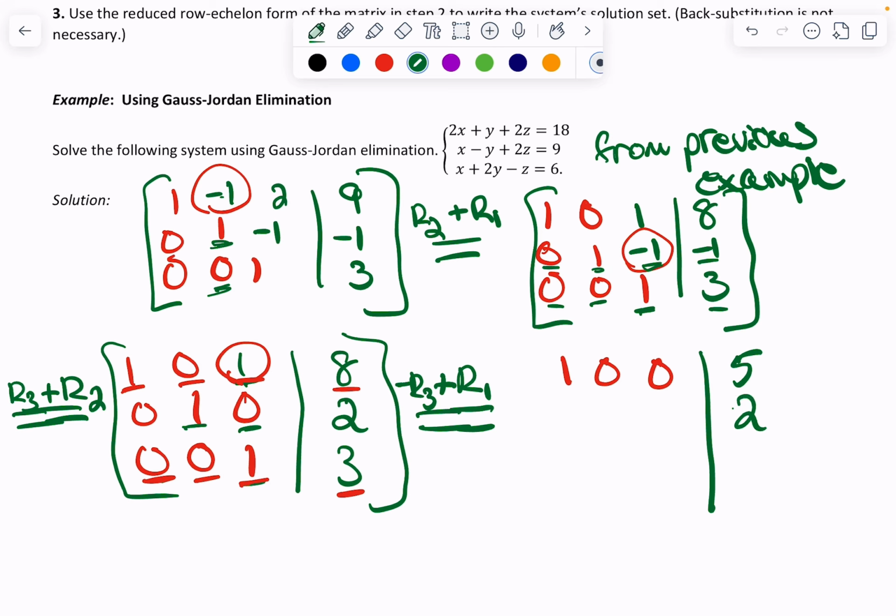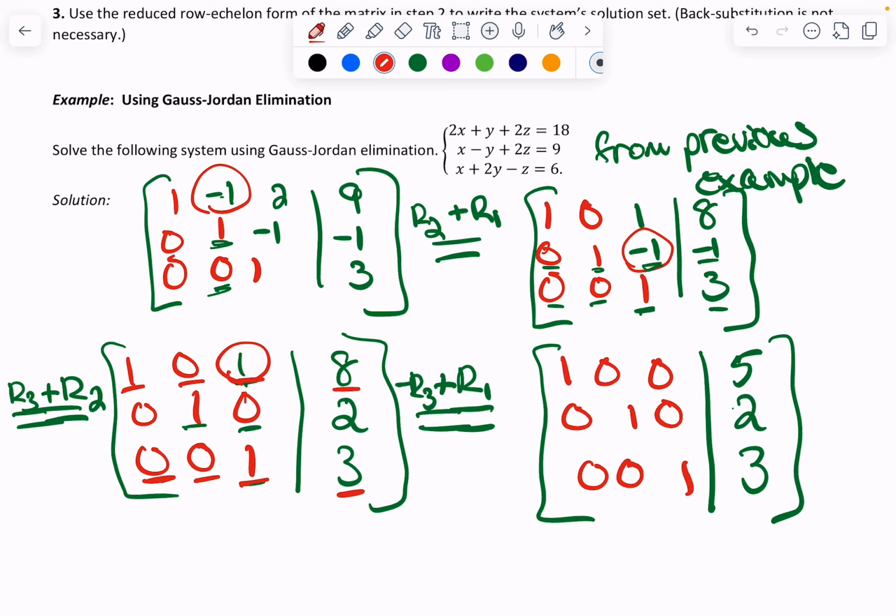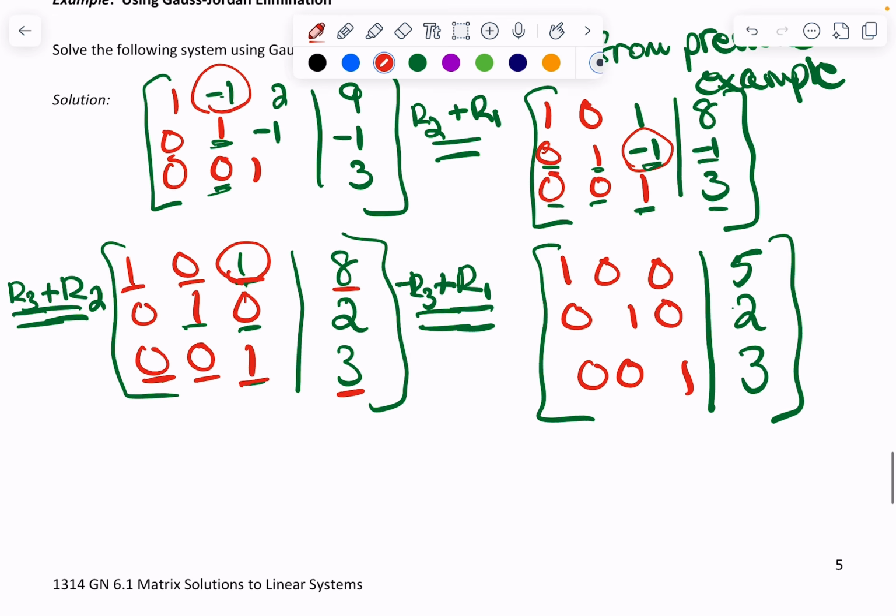Now, all other rows are going to stay as they are. 0, 1, 0, we're not touching them. And now we have what we wanted. We've got ones in the diagonal and zeros under and on top of it. We can rewrite this. This is again x, y, z, and c.